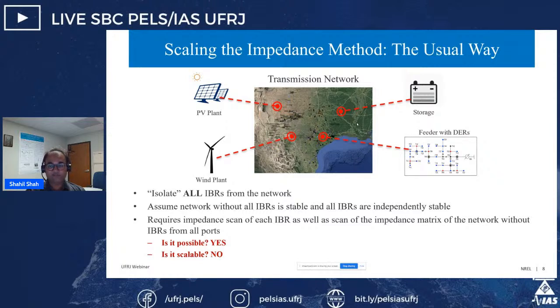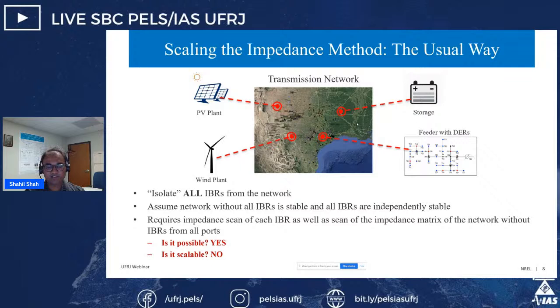So it is possible to scale the current approach of impedance-based stability analysis in theory, but it is not practical because you need a lot of impedance scans, and so that's why it is not scalable. And also, when you see the system-wide oscillations that I showed you earlier, if you are a network operator, you don't want to understand what all IBRs are doing in that oscillation mode.